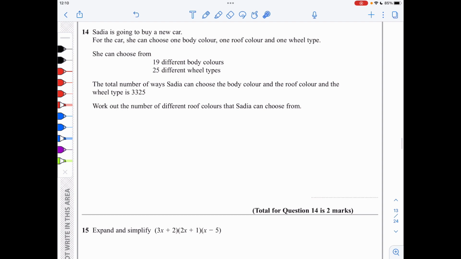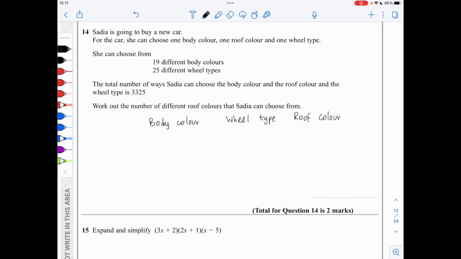In 14, we've got Sadia, who's buying a new car. She can choose body color, roof color, and wheel type. She's got 19 options of different body colors, 25 different wheel types, and she ends up with a total of 3,325 different ways. We need to work out the number of different roof colors, so it makes sense to write down the different options.